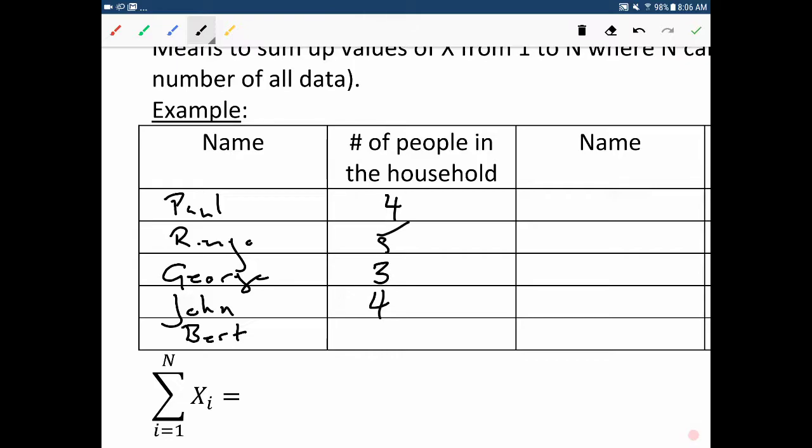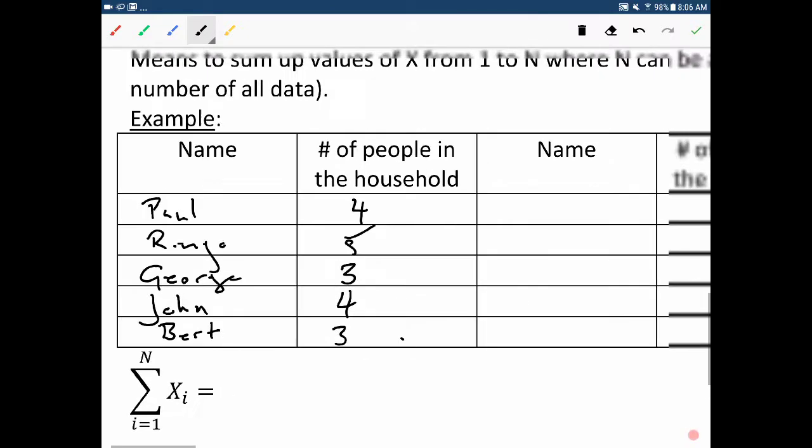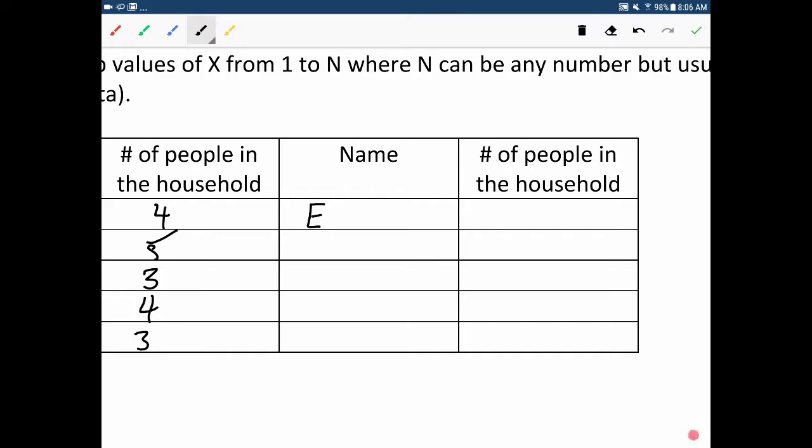Bert has 3 people. Ernie has 6 people. Mo has 3. Curly has 4. Larry has 5, and Shemp has 3.